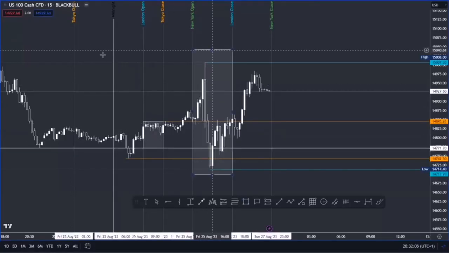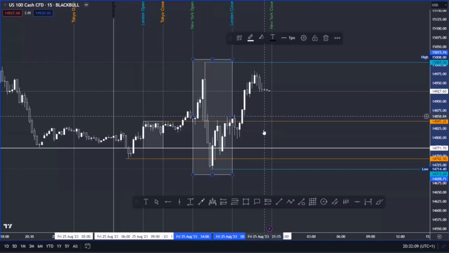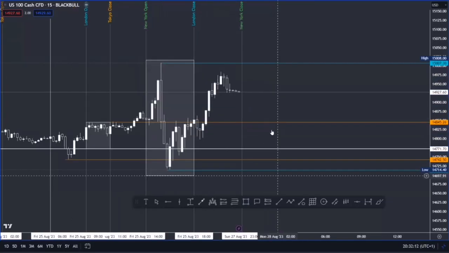Because you created the low of the London and the Asia, and these are ranges that you can participate in the market.